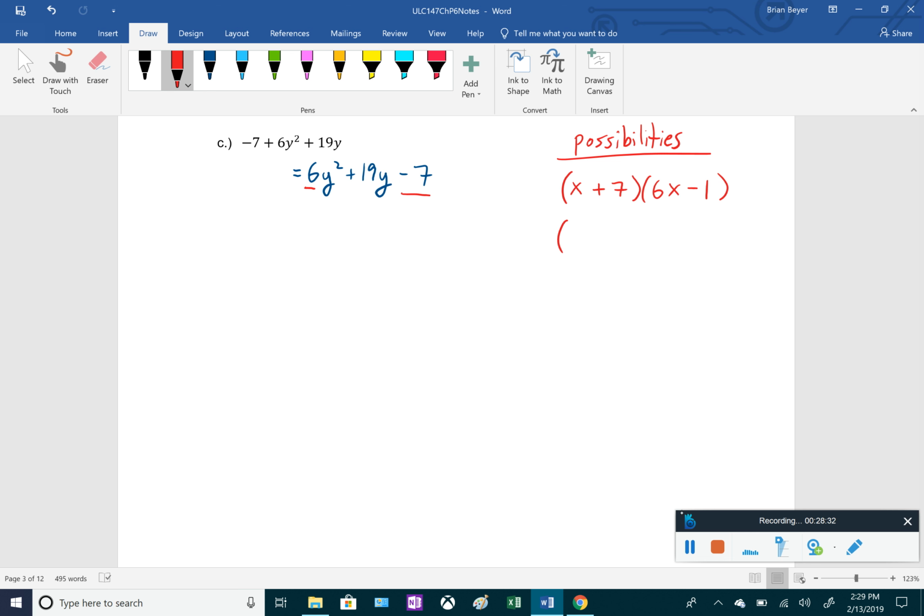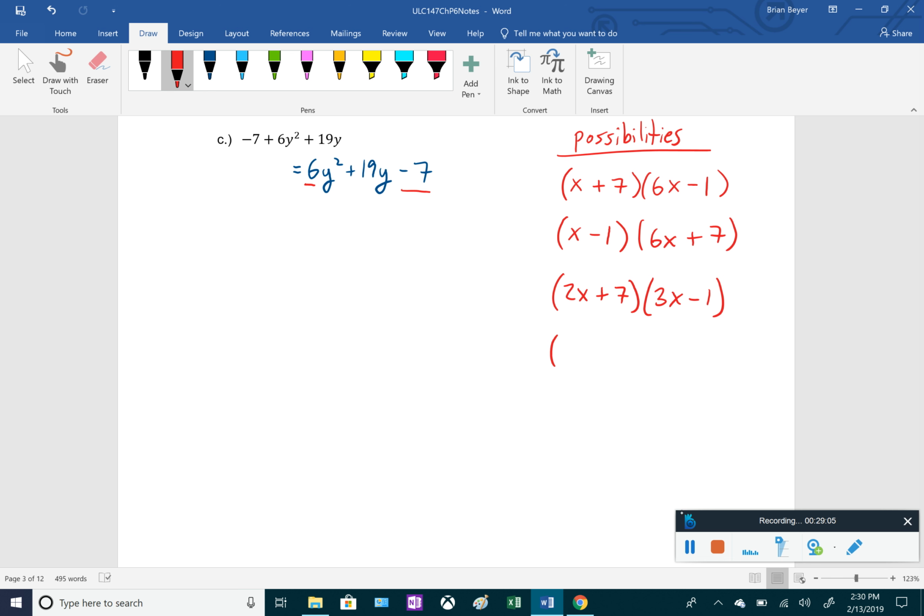We can also have it as x minus 1 times 6x plus 7. So I just switch the second two terms. And then for the other possibilities, we can have two numbers that multiply to 6 be 2 times 3. So we can have 2x plus 7 times 3x minus 1.